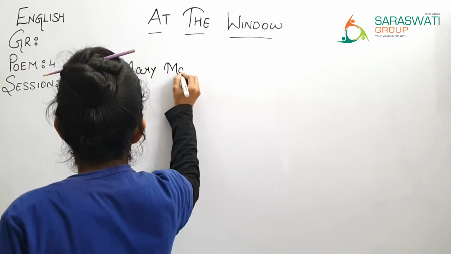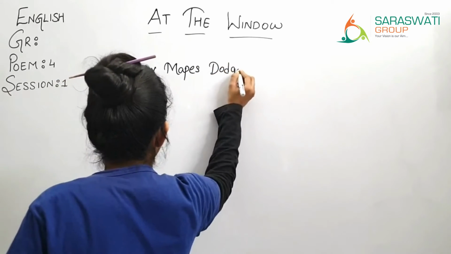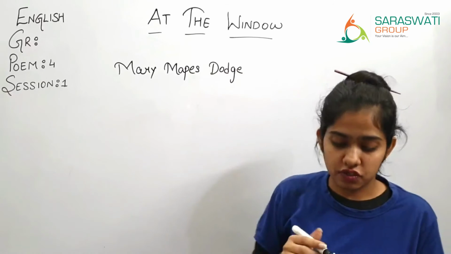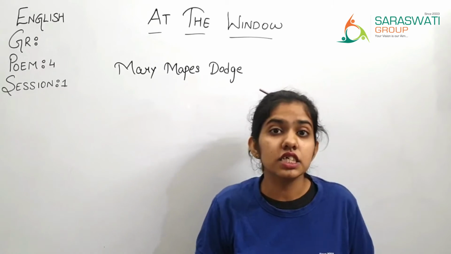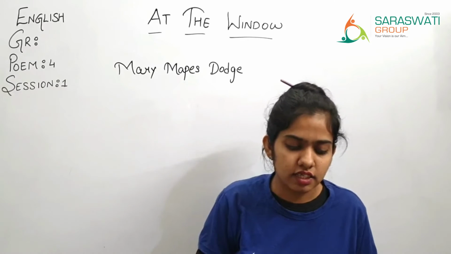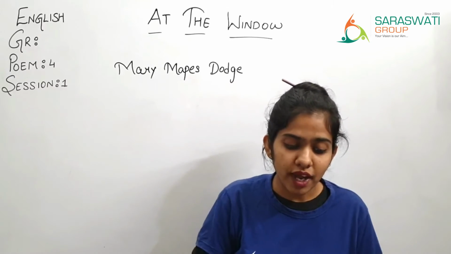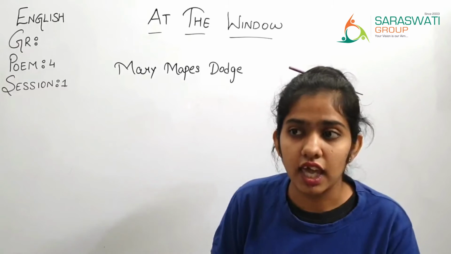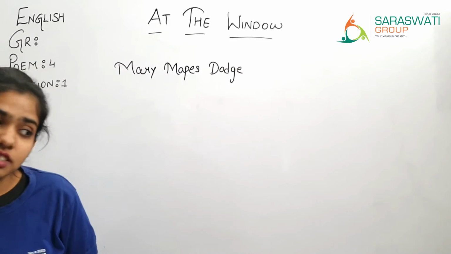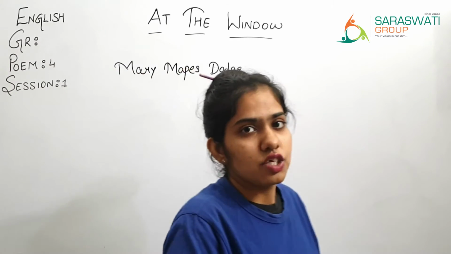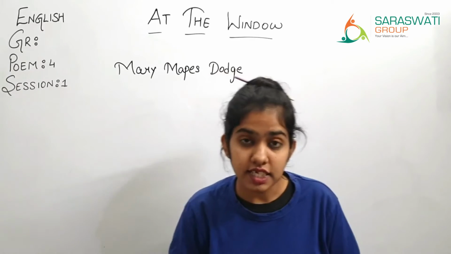Mary Mapps Dodge. Right? This poem is written by Mary Mapps Dodge, who was born in the year 1831 and died in the year 1905. She was an American children's writer, born in America, and she wrote everything related to children.